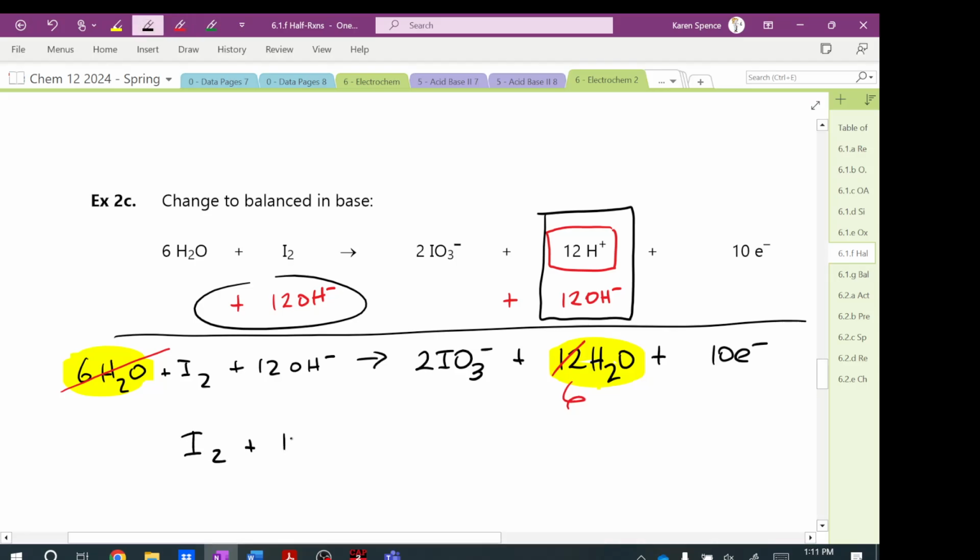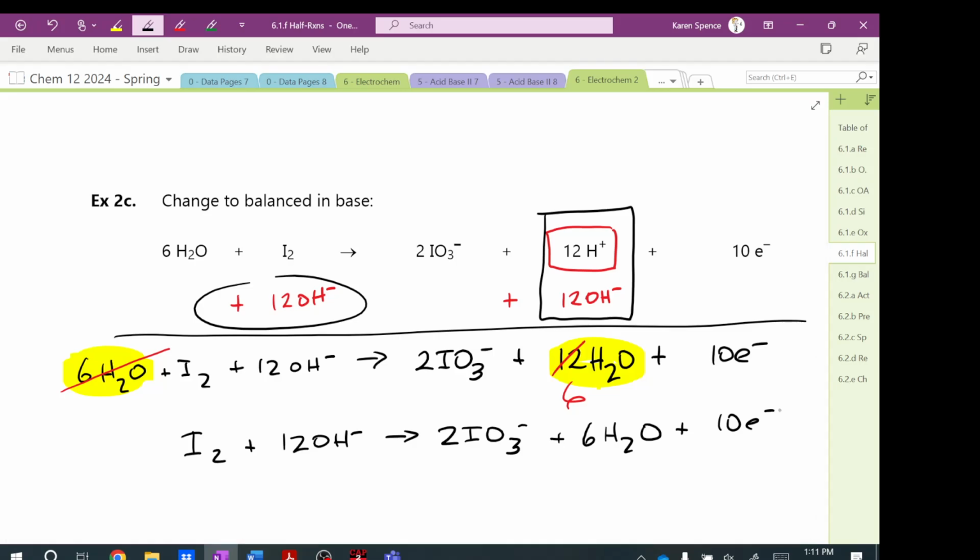I2 plus 12 OH minus goes to 2 IO3 minus plus 6 H2O plus 10 electrons. And one thing you can do when you get to the end is check that your charge is still balanced, right?